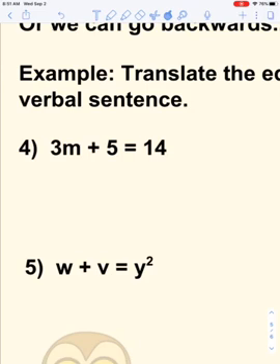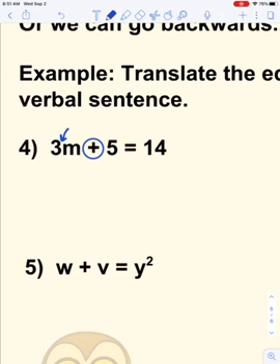Okay? If you wanted to use the word sum because there's an addition, okay, you can say the sum of 3m and 5 equals 14. That's very straightforward. The sum of 3m and 5 equals 14. If you wanted to use the word product because 3 and m are being multiplied, you can say the product of 3 and m added to 5 is 14.